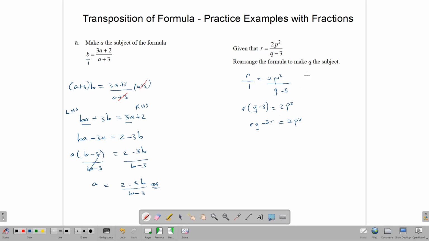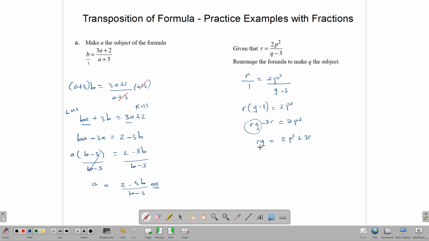Remember, we want q to be the subject, so we need to keep this rq. Now since this minus 3r is here, we need to remove it to the other side of the equation by adding 3r to both sides. So now, adding 3r to both sides gives us rq is equal to 2p squared plus 3r. Adding the 3r here gives us a 0. So we want q to be the subject.